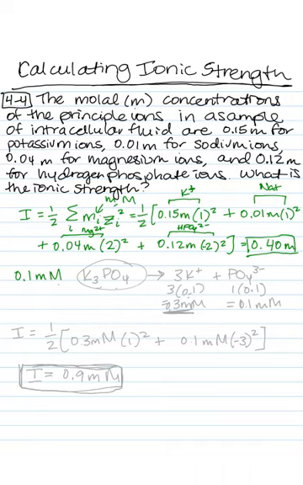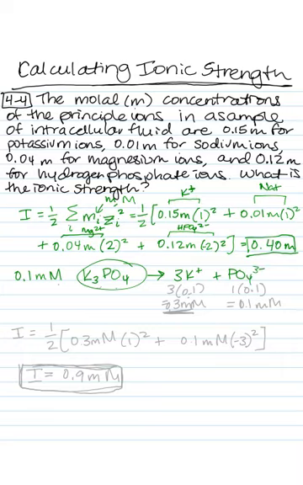Okay, so perhaps you are given 0.1 millimolar. Let's say that we have now some potassium phosphate, so K3PO4. And I want to know what is the ionic strength of this. Remember that means I will have totally 0.1 millimolar of this compound, which will dissociate into 3 K plus ions and a PO4 3 minus anion.